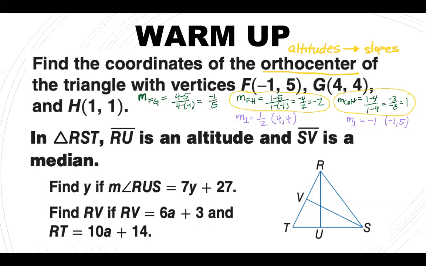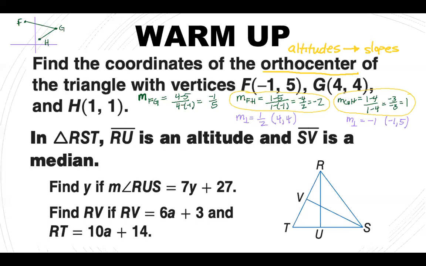So actually, let me just sketch a real quick picture. I'm going to put it over here on the left. And it's definitely not going to be perfect. All right, so we have -1, 5 will be somewhere up here. F, then I have 4, 4. Put that here. And then I have 1, 1. So here's basically what my triangle looks like.